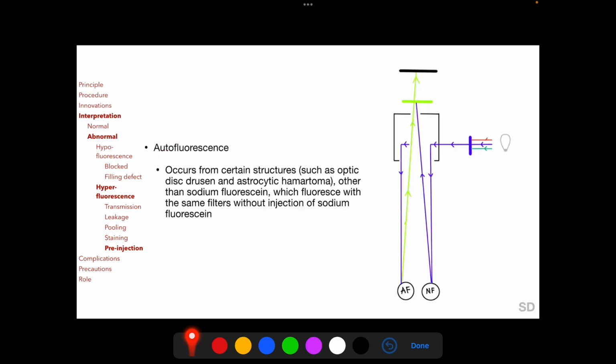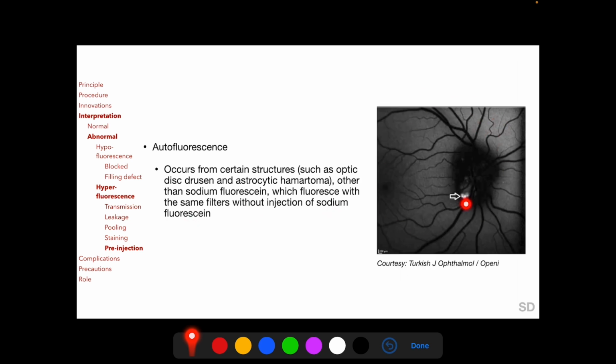Autofluorescence is the other type of pre-injection hyperfluorescence which occurs from certain structures such as optic disc drusen and astrocytic hamartoma, which have the same fluorescence property as sodium fluorescein and so can fluoresce with the same blue excitation filter and green barrier filter of a fluorescent angiography camera in the absence of sodium fluorescein. This photograph shows autofluorescence from an optic disc drusen.